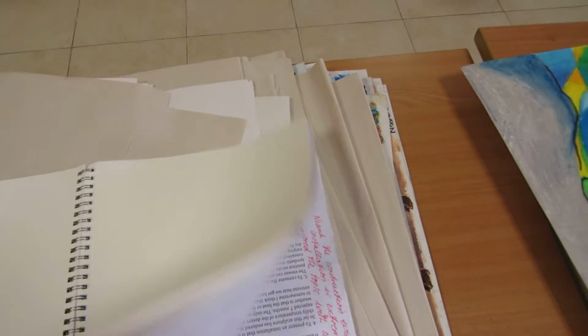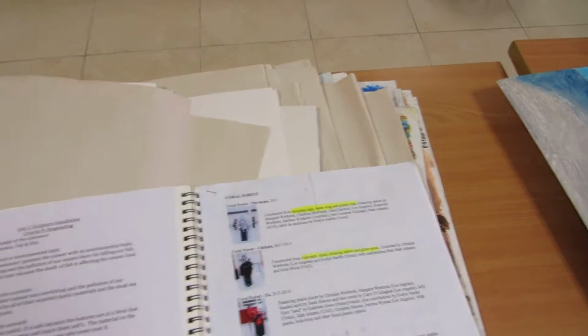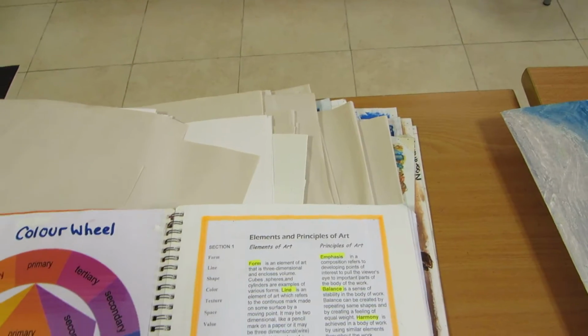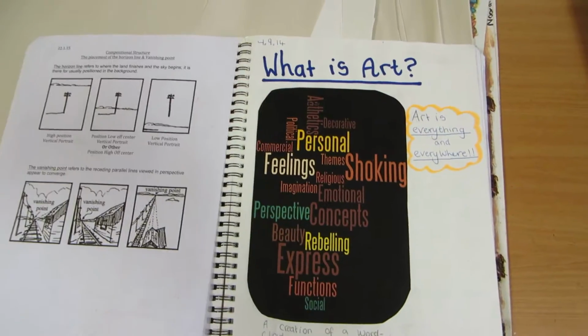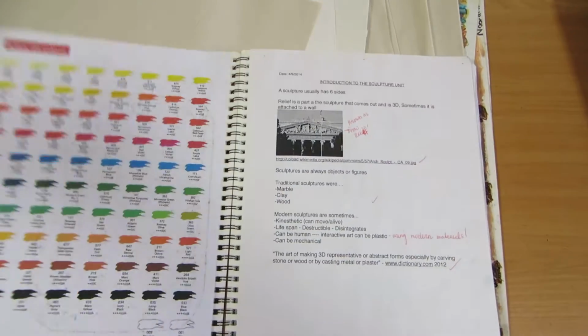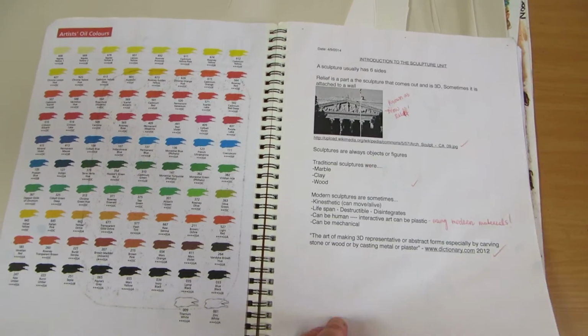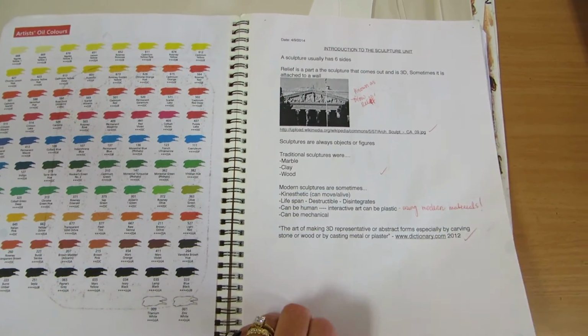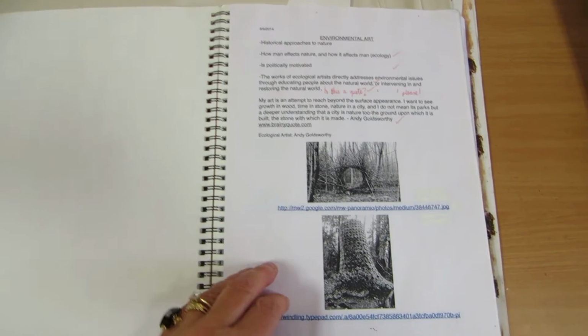The book is a visual diary. So similar to grade 6, 7 and 8, it goes through art language, it formulates proper naming of colours.